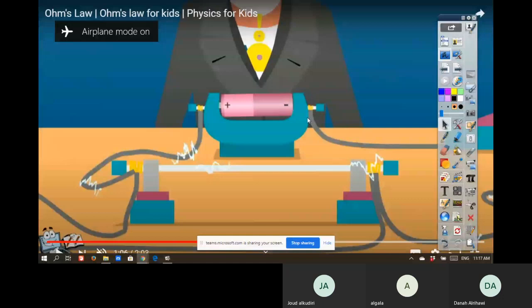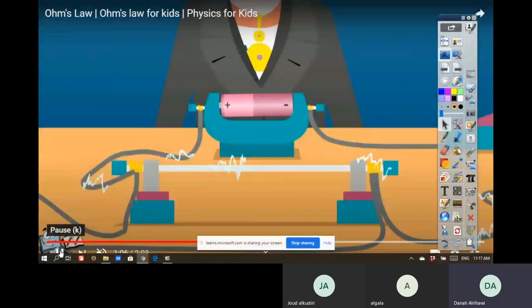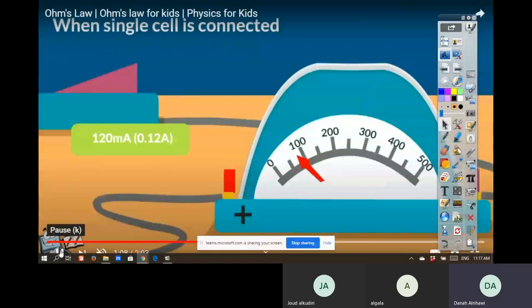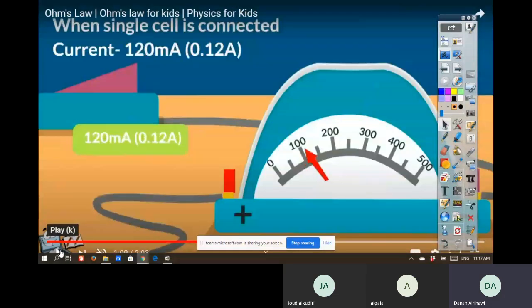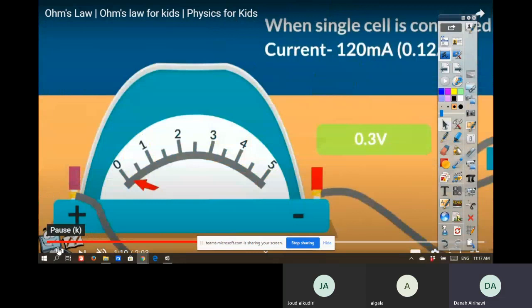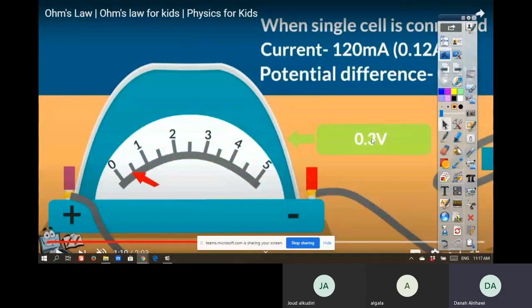Now, let's see how the electric charges are moving, and we measure the voltage by the letter V. Here the voltage is 0.3, and ampere is the current.